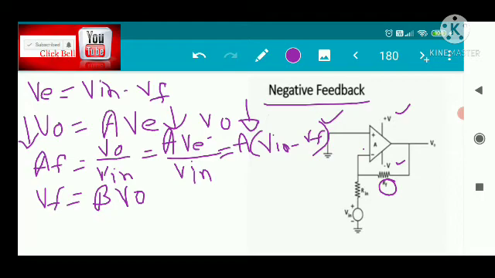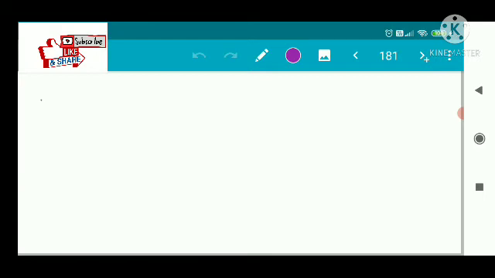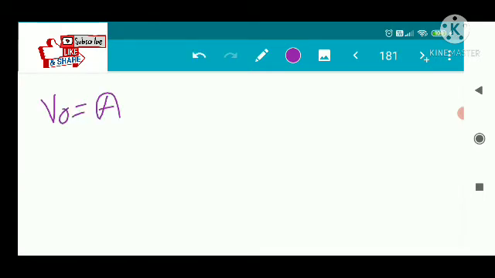So you can just simplify this. I am just writing all this again. Your V0 equal to A into V in minus VF, and your VF equal to beta V0.